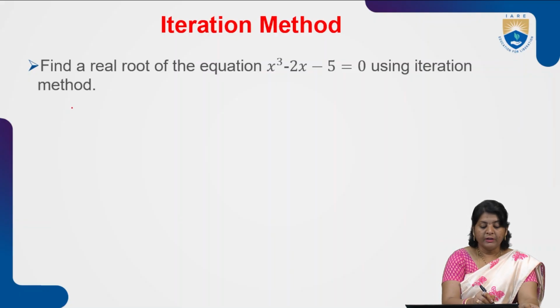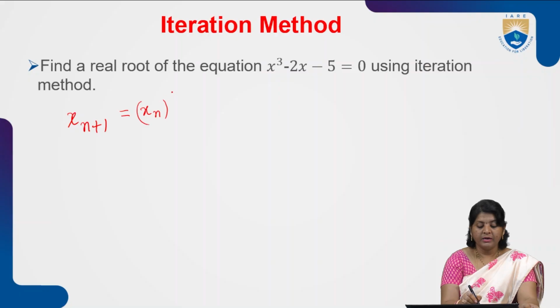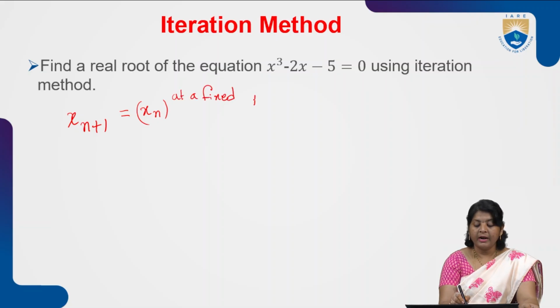As we know, the formula for the iteration method is x(n+1) equals g of xn, where the given data is considered at a fixed point.